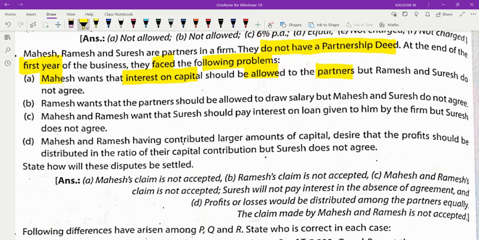He is requesting that interest on capital should be allowed to the partners, putting a request on behalf of the other two partners. But what is being said here? Ramesh and Suresh do not agree. See how the situation is.